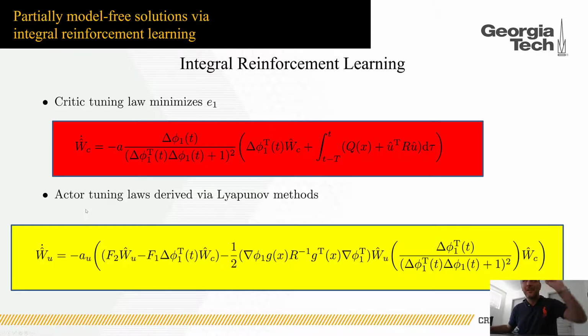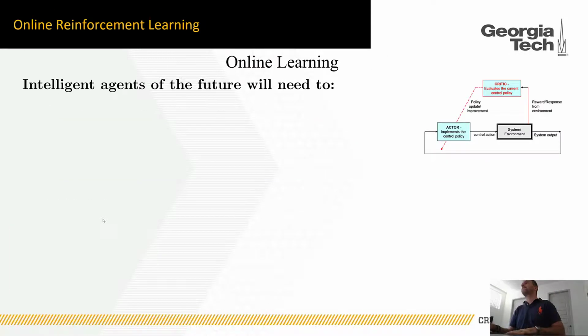So if I plug this WC dot and WU dot into my system, in real time, by measuring the trajectory, I will eventually converge to the solution of the Hamilton-Jacobi-Bellman equation without knowing f of x. I will learn the solution of the optimal control problem in real time by using an actor-critic structure.